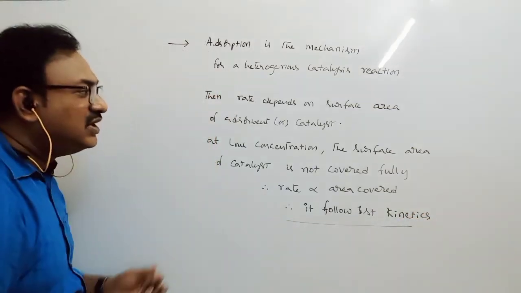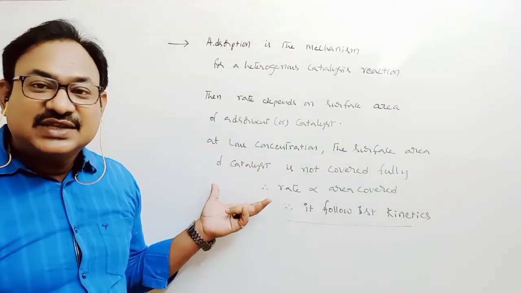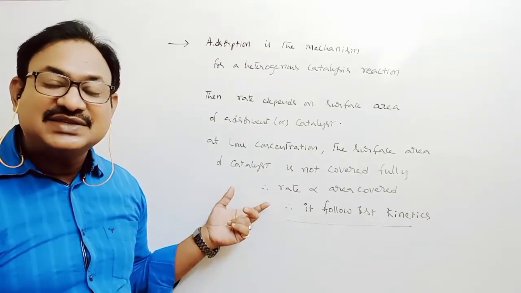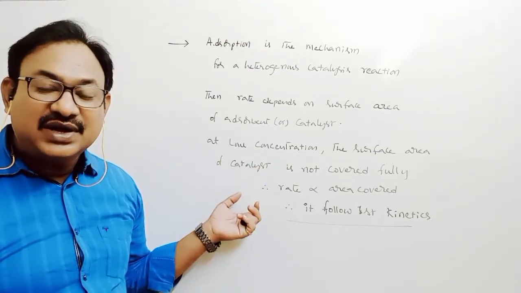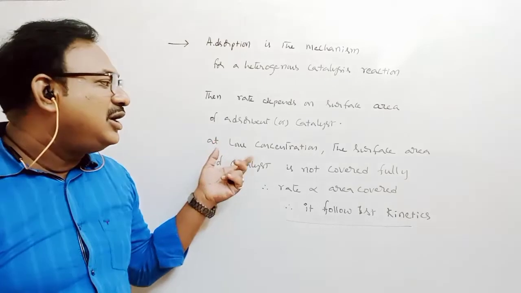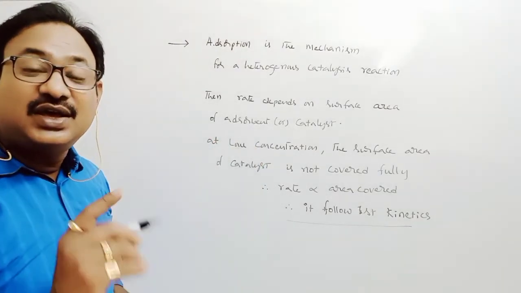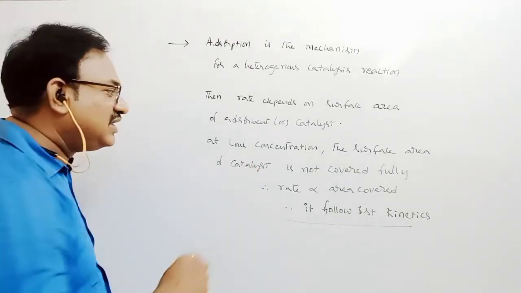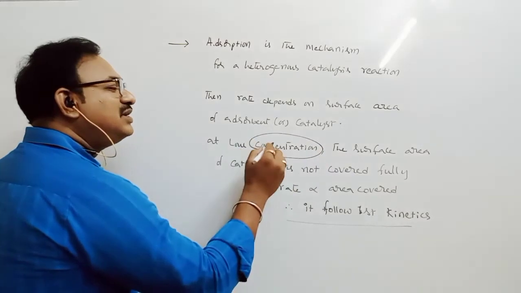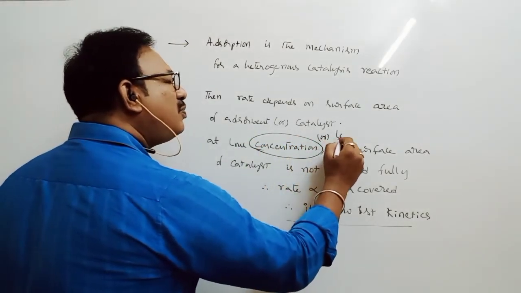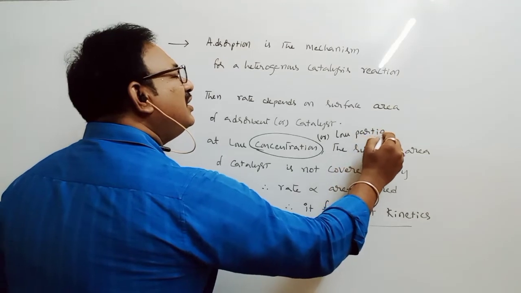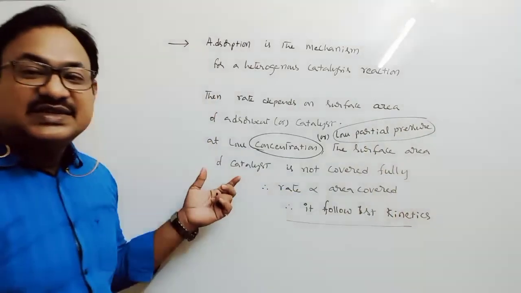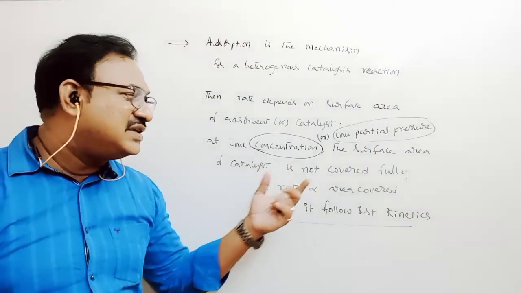Understood? Here we are talking about heterogeneous catalysis, where the reactant gets adsorbed on the surface of the catalyst. Catalyst is also called adsorbent. If the reactant is gaseous, instead of concentration we can also take partial pressure. So at low concentration or low partial pressure, the surface area of catalyst is not covered fully.